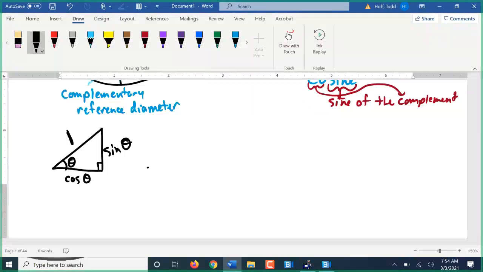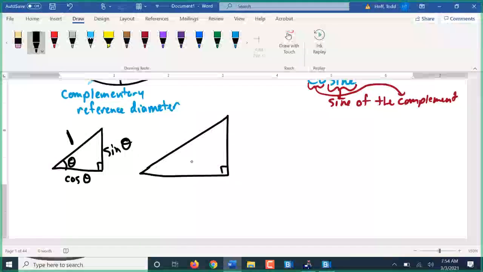If I draw any right triangle where this angle is theta, now I'm going to label the sides of this triangle with some special names. Of course, this is the hypotenuse. We learned that back when we did a squared plus b squared equals c squared. The other 2 sides, of course, are legs. But now we're going to have special names for them.